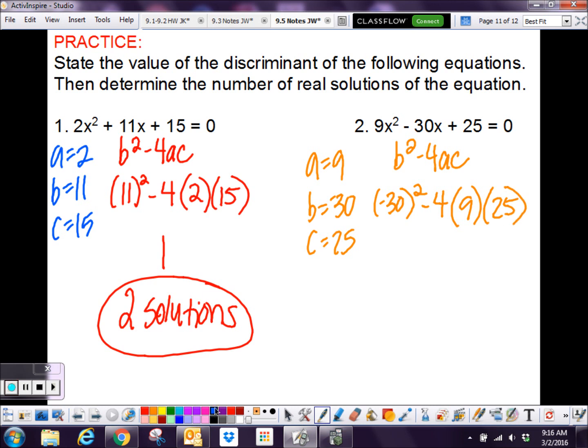Go ahead and type that in your calculator. After you type that in, you should get 0, because it ends up being 900 minus 900, which is 0. And if you get 0 here, that means there's 1 solution.